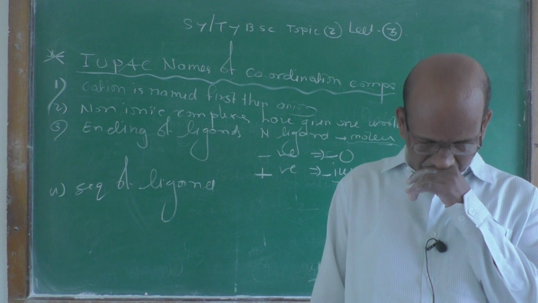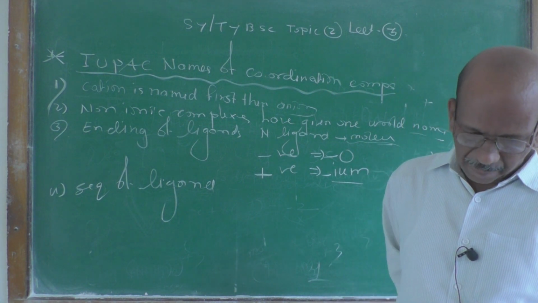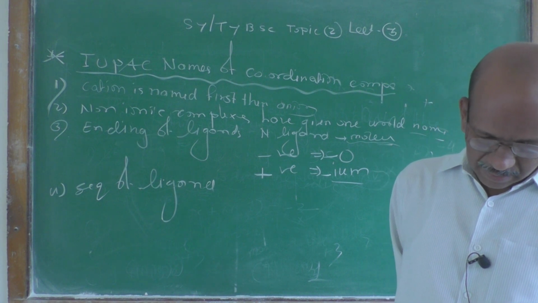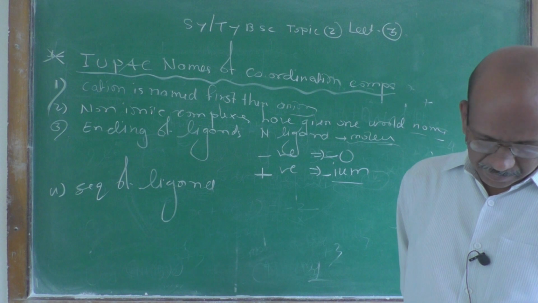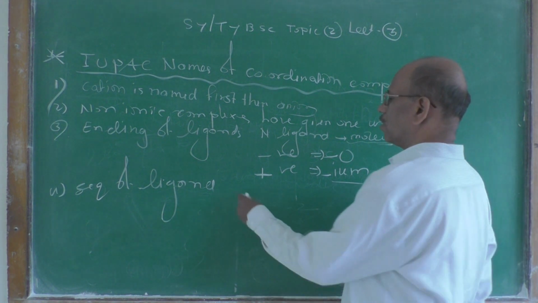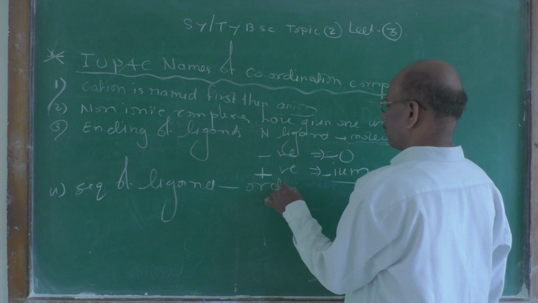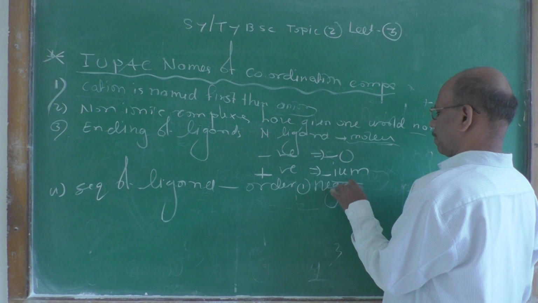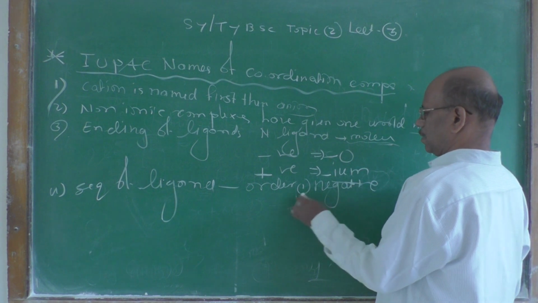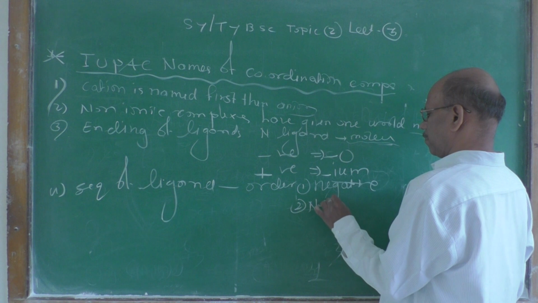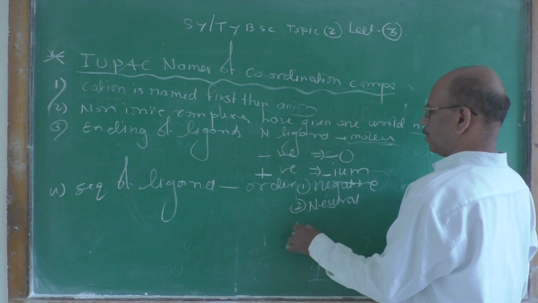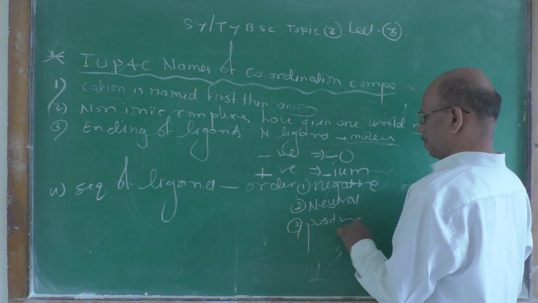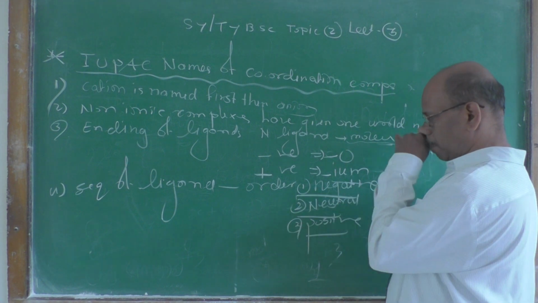So here the logic is that the ligands in a complex are named in the order: first we have to name the negative ligand, second the neutral ligand, and third the positive ligand. So this sequence we have to follow.